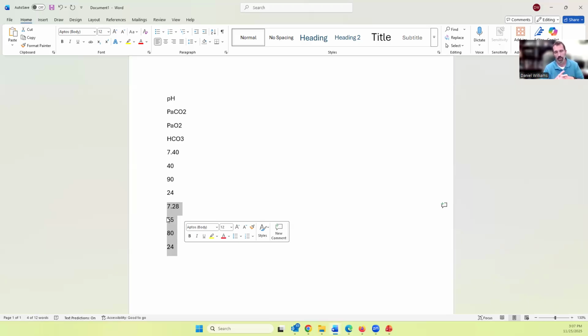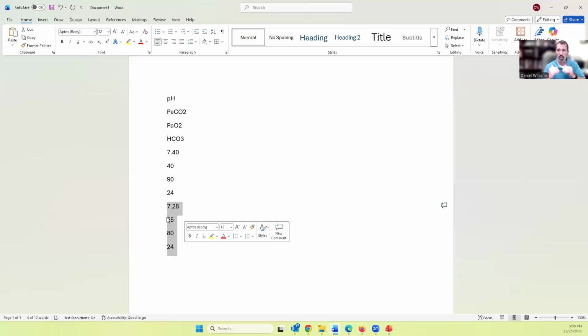PaO2 is okay, not really going to have that significant of an impact or bearing on what the actual pH is going to be. Again, we're looking at your respiratory component and your renal component and the metabolic situation. So looking at the bicarb, my bicarb is 24 milliequivalents per liter, or right in the middle. It hasn't moved. So when I look at this, I know that I have a direct relationship with my bicarb and pH.